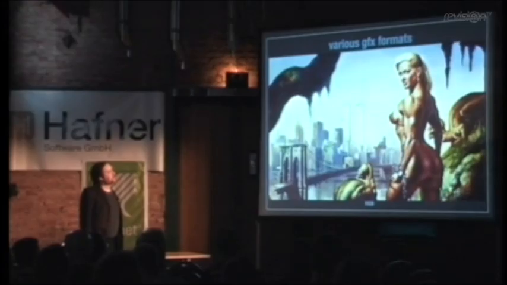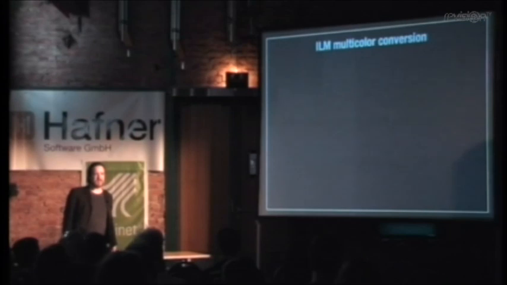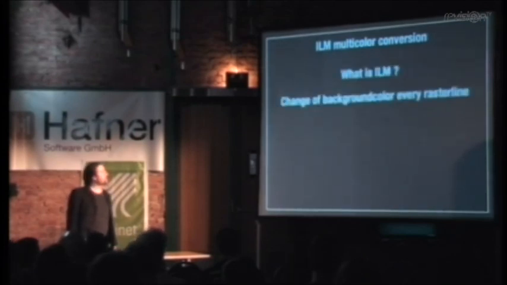What we will talk about today is the ILM format. As you see here, it's pretty enhanced and has an overall more exact appearance in comparison to the original. What is ILM? ILM is a quite new graphics format for the C64. We can change the background color in every raster line.